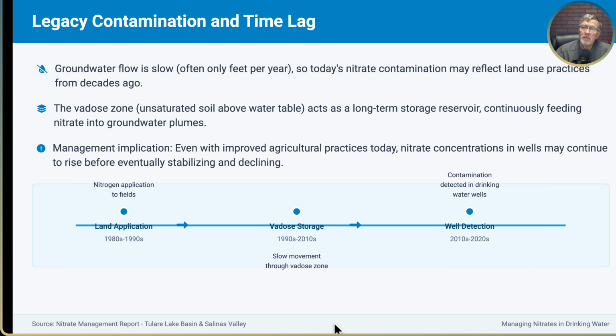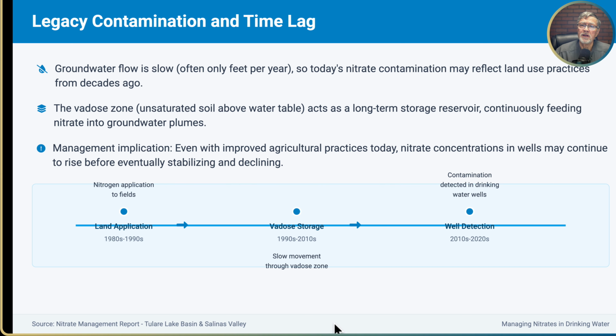And we'll talk a little bit about how natural attenuation works and why you don't want to count on that too much. So here's kind of an illustrative time chart. Land applications in the 80s to 90s may reflect in well detections today. It goes into vadose storage, it continues to leak out, and we may start seeing it in wells that are removed from the actual source area years and years later, decades later.